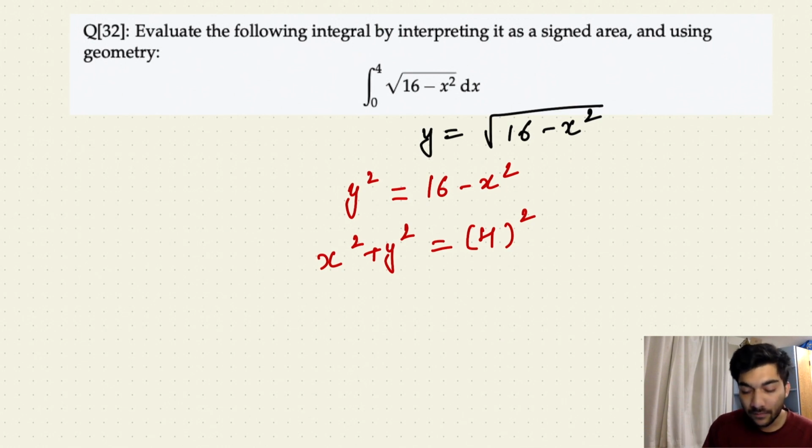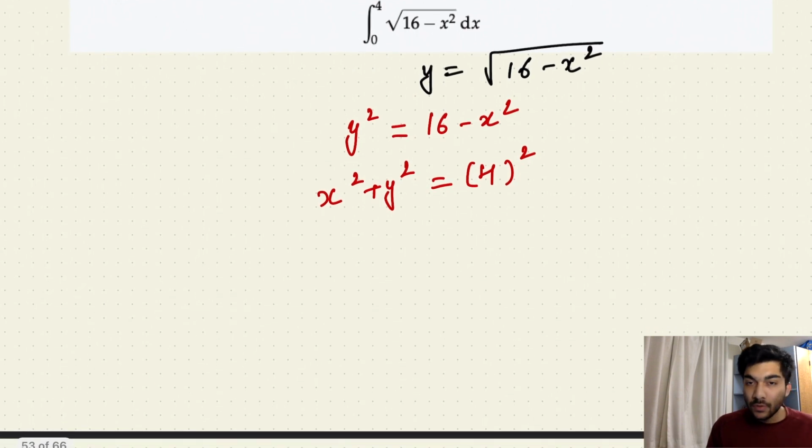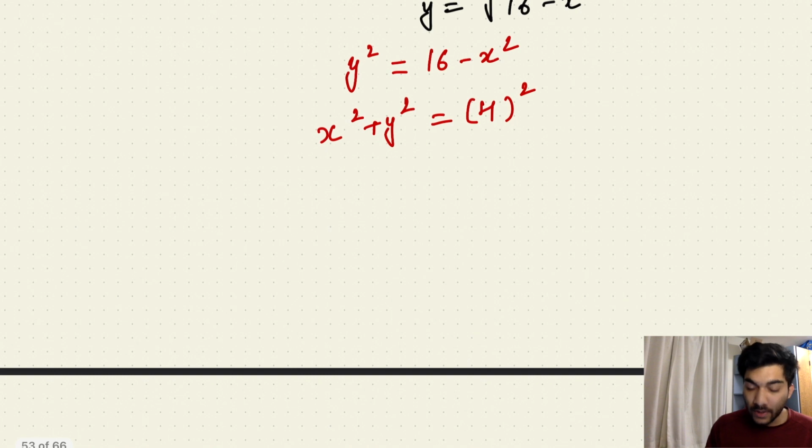So let's sketch the graph of this function. I'll explain in more detail what I mean by discarding the negative values of y and only taking the positive values of y. Let's first sketch the equation of a circle centered at the origin with radius 4.